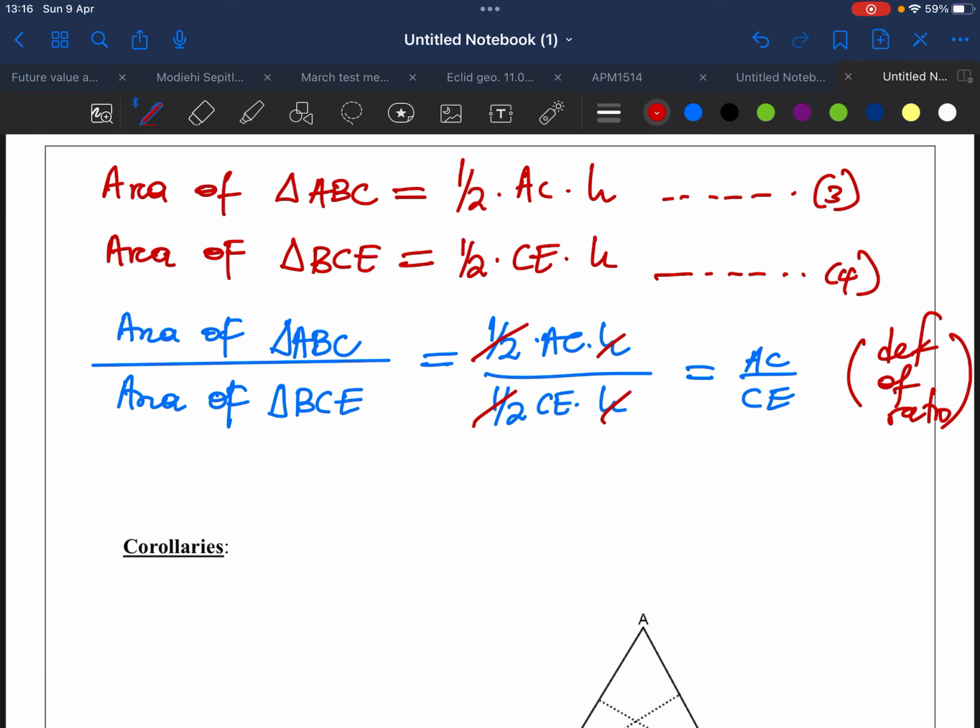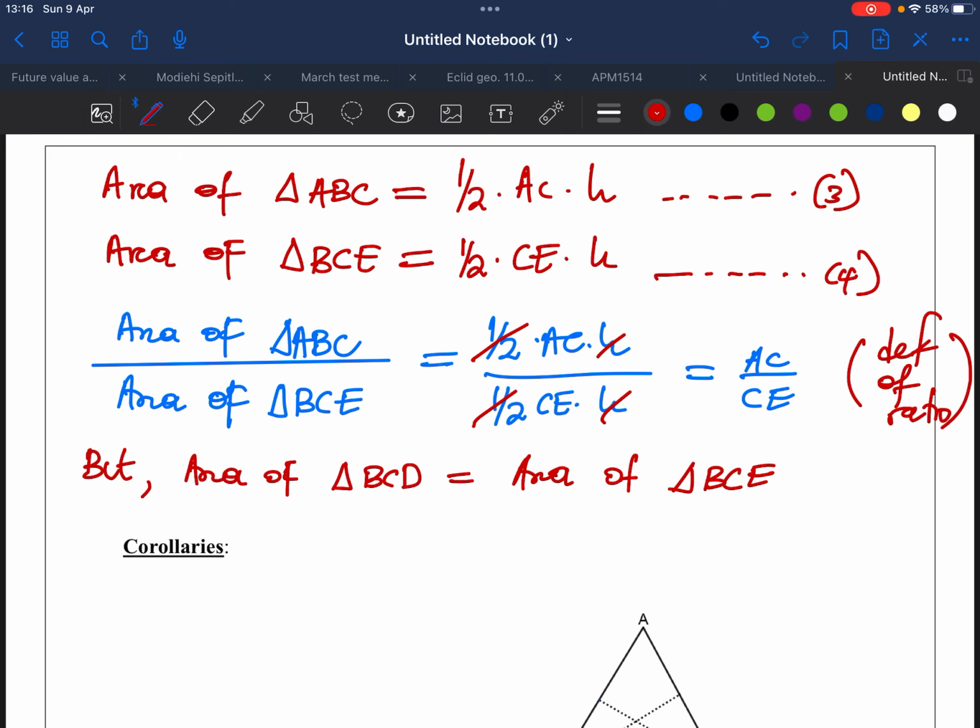So we will say that the area of triangle BCD is equivalent to the area of triangle BCE.